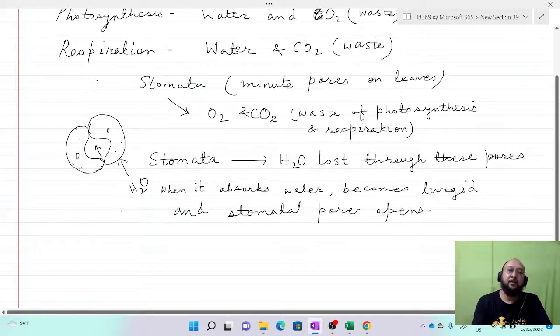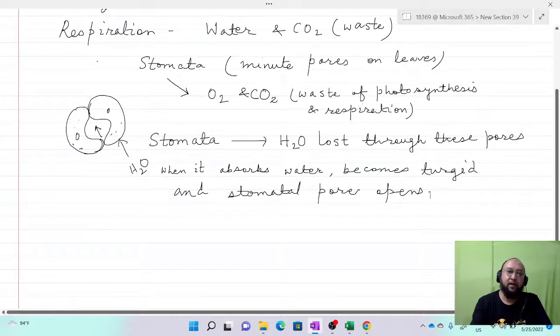Okay, again, when you observe this, you'll find that when it loses water, it becomes flaccid.